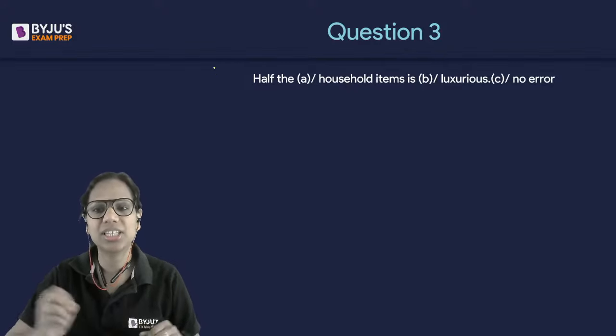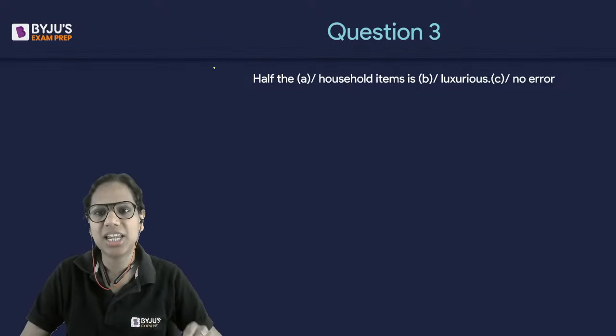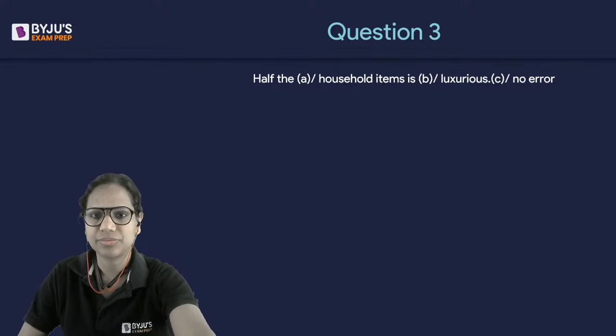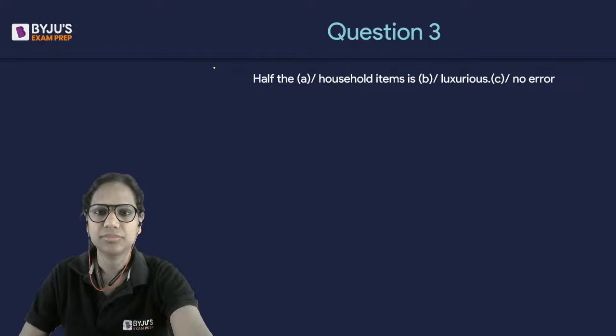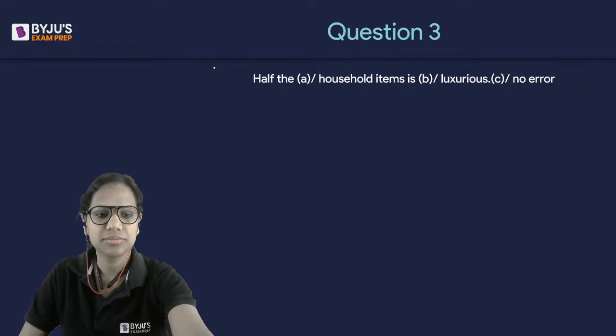So let's have a look at this. Correct, incorrect. Sumit says A, all right.